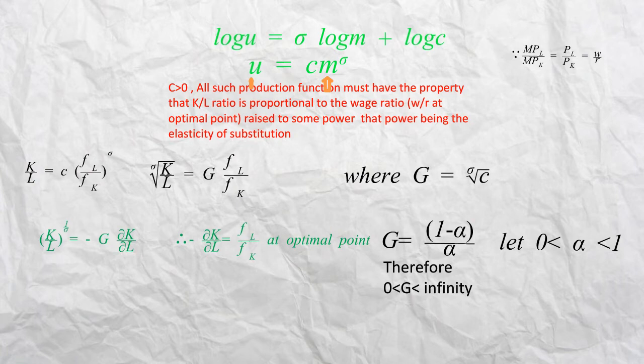Now, incorporating the new value of z into our equation, K over L raised to power 1 over sigma is equal to negative of 1 minus alpha over alpha times del K over del L.